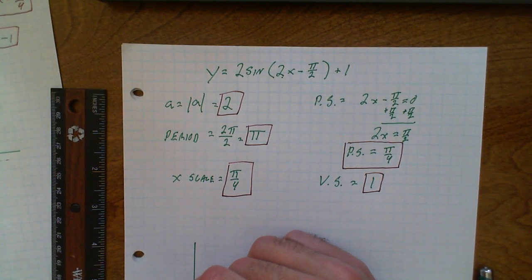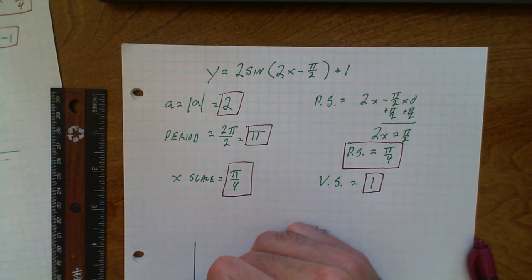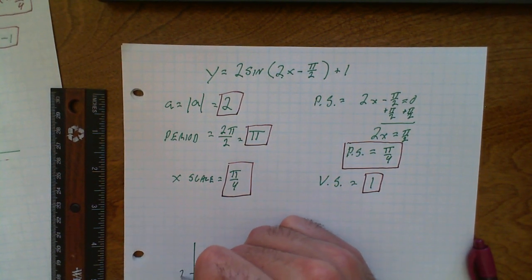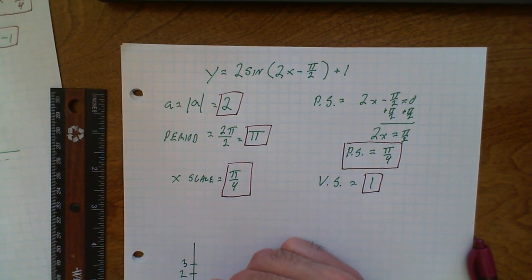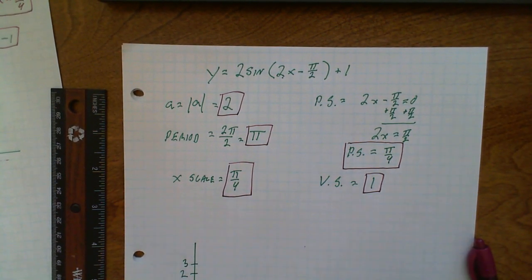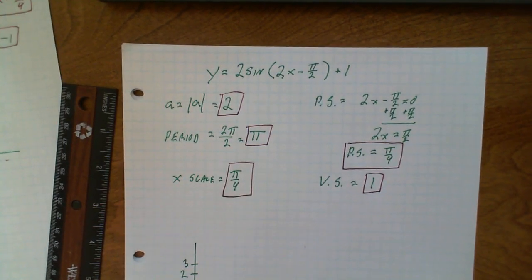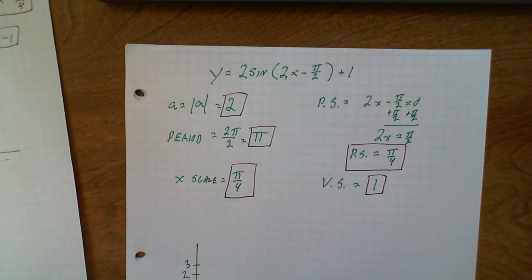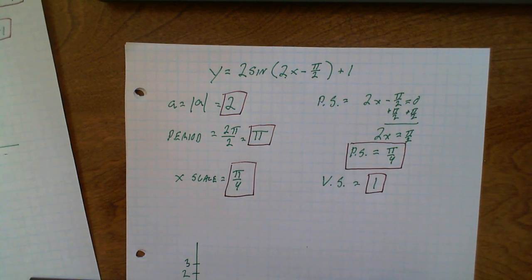So let's go 1, 2, 3, -1, -2, -3. Vertical shift is at plus 1. So we have here a shift of 1. That's our midline. Draw the midline first. That's the exact middle.